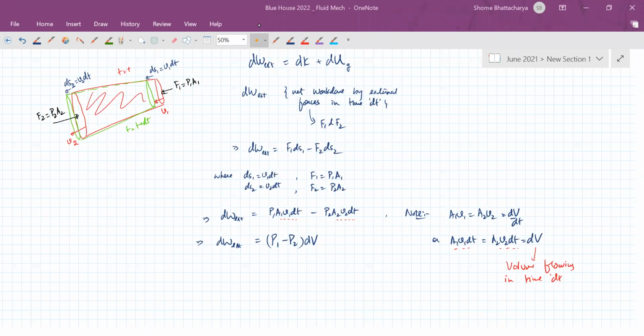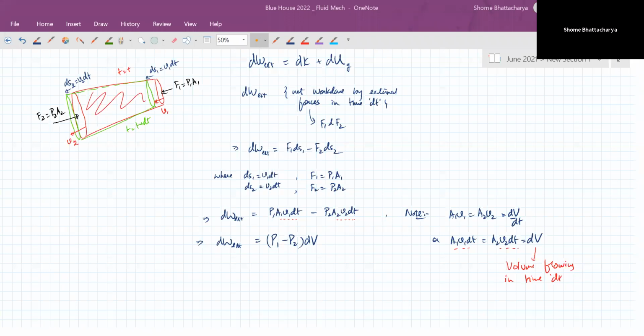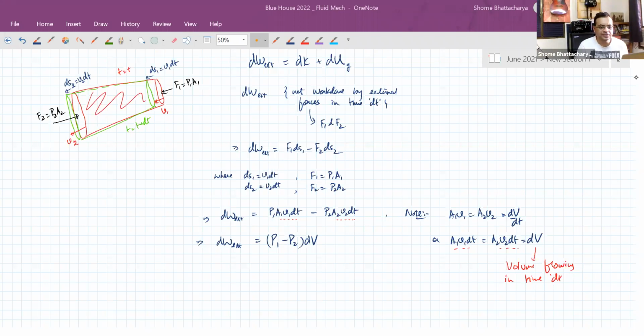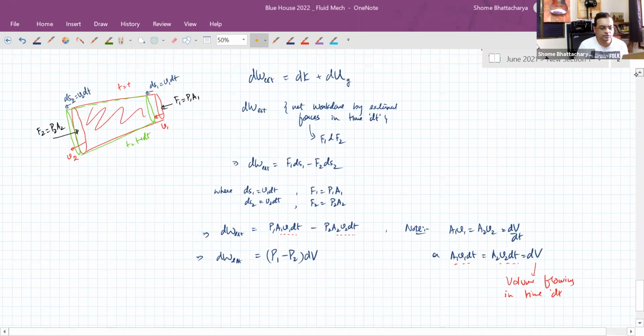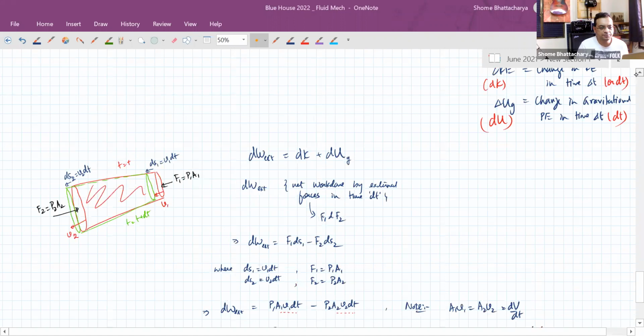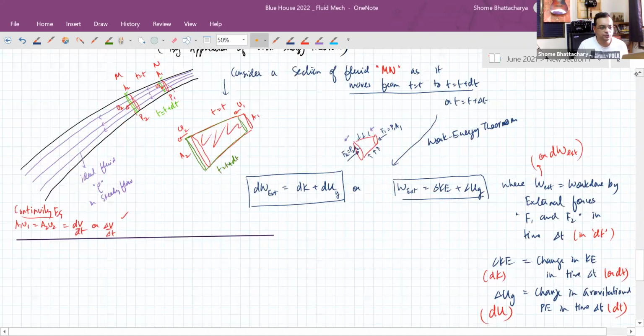I'll scroll up, but people, are you clear with this first term of the work energy equation? How we have got the work done in time dt as that pressure difference into that small volume which is flowing.